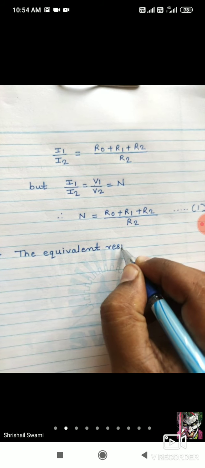I will show it. Observe from this side and measure from the opposite side.